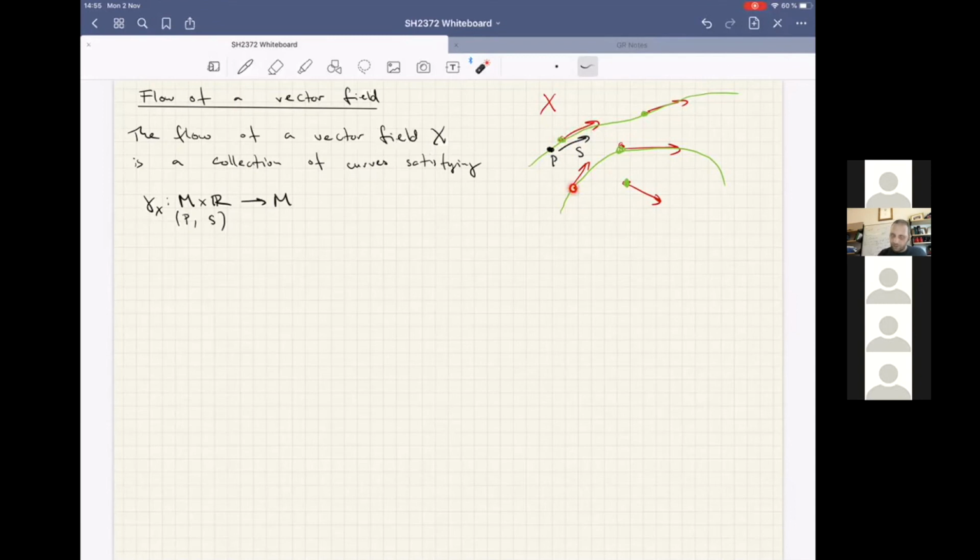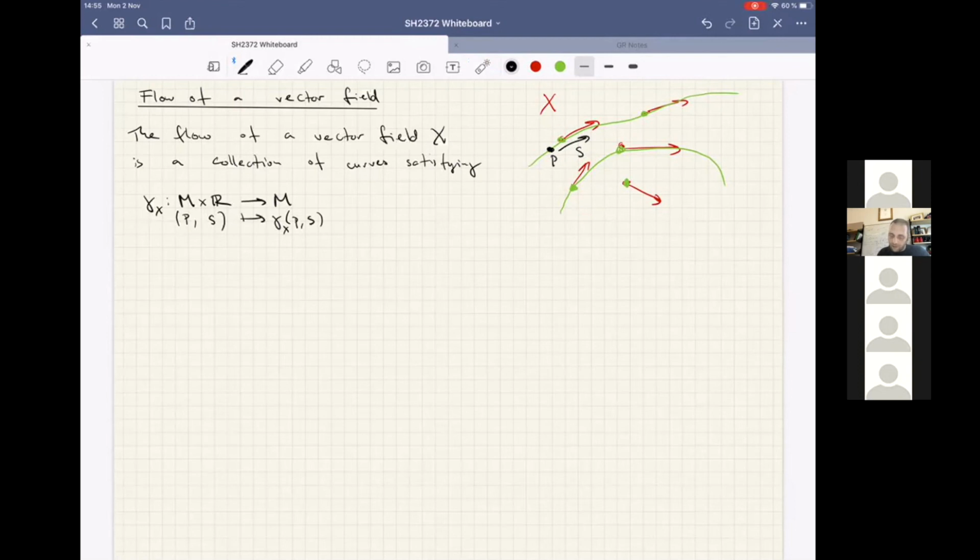And if I choose a different point p, then this would be the tangent. And it maps then to something which we can call gamma X of p, s, which is a point in the manifold.